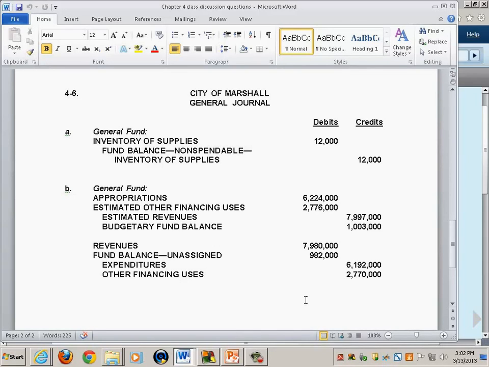Anybody not understand that? The only complication is this: supplies increased by 12,000. So what do we have to do? Debit some kind of asset account, right? And on the credit side, we have to find a credit account, so we put it in fund balance, non-spendable inventory of supplies. Okay.